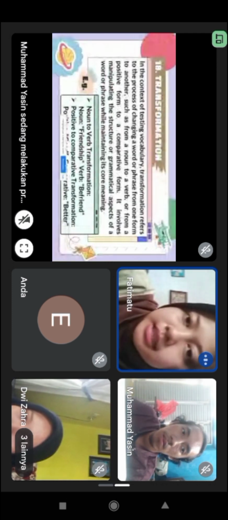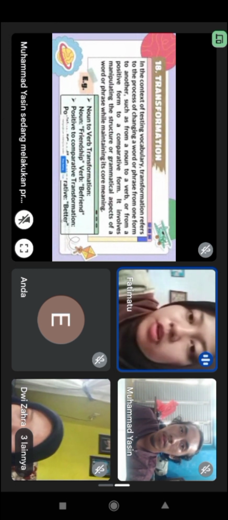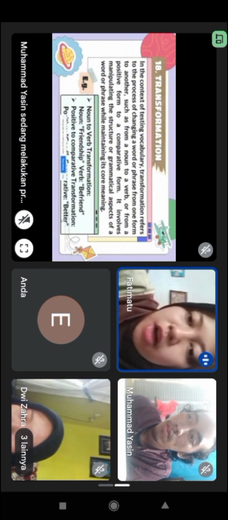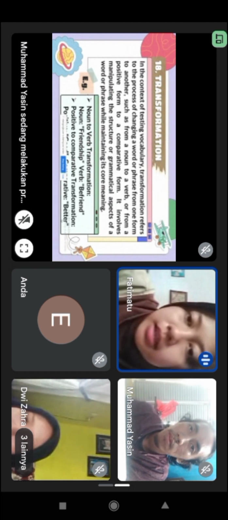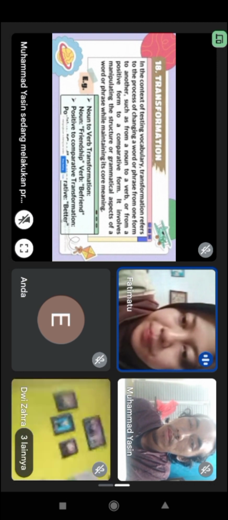And then transformation. In the context of testing vocabulary, transformation refers to the process of changing a word or phrase from one form to another, such as from a noun to a verb, or from a positive form to a comparative form.